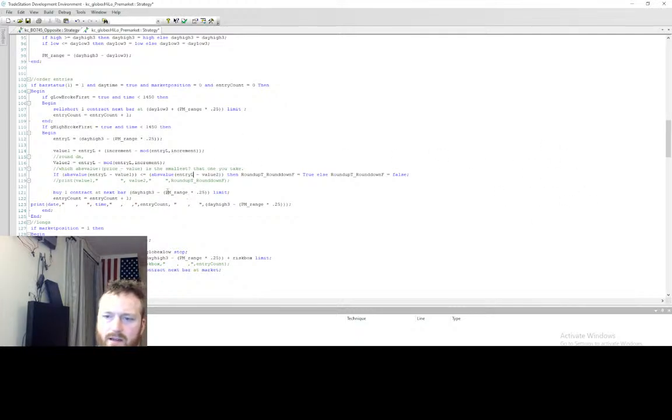So now basically it says if roundup true is equal to true, then entry long is equal to, which one's rounding up?